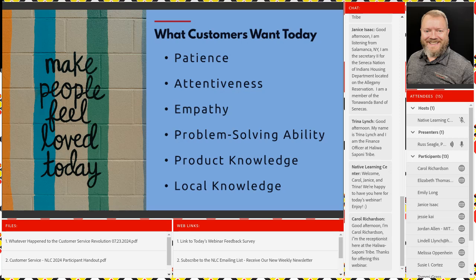So what do customers want today? Yes, customers always want to be right, but here are the things that every customer wants. And really, if you put your customer hat on right now, these are the things that you want. You want people to be patient with you. I saw a video the other day of a Spirit airline employee screaming at a group of people waiting to get on a plane.